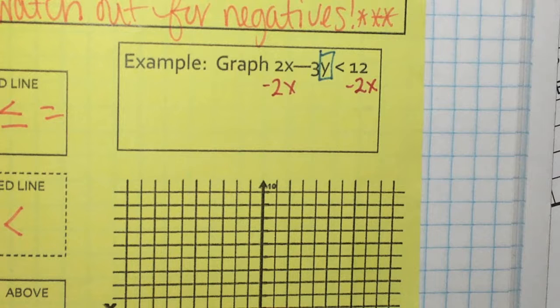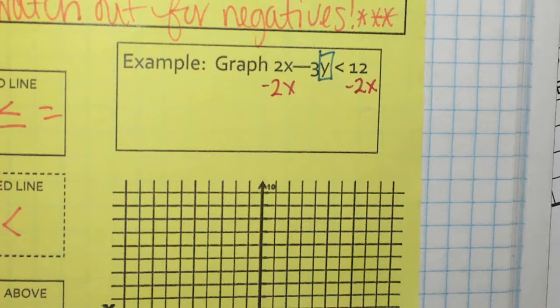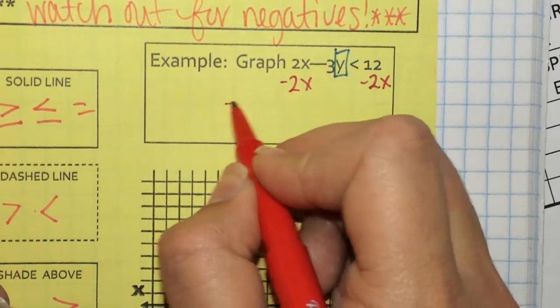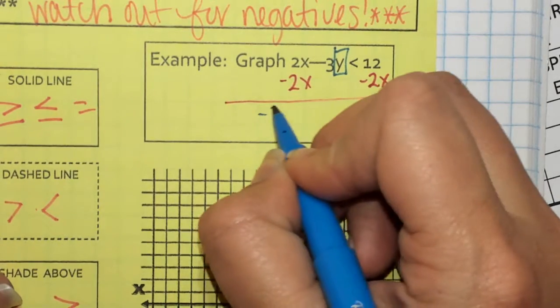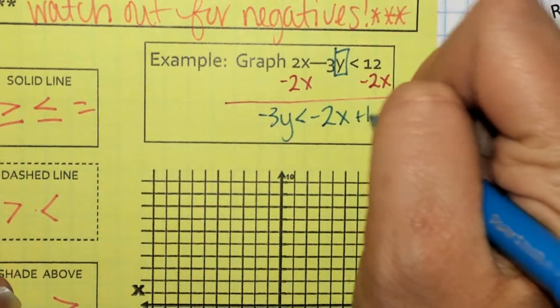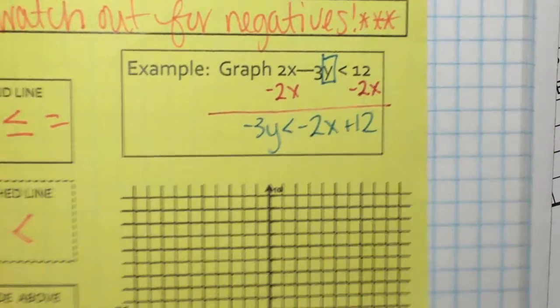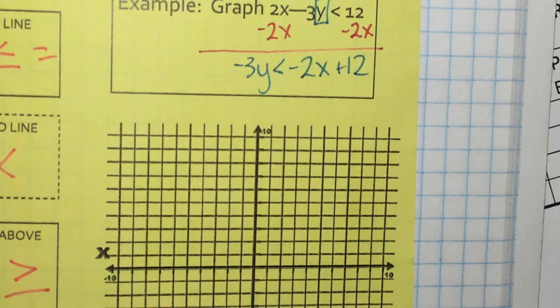Now, can I combine that 12 and 2x? Why? Awesome. Take a point, both of you. Good job. Alright, so then that would give us negative 3y is less than negative 2x plus 12. Now, is our y by itself?